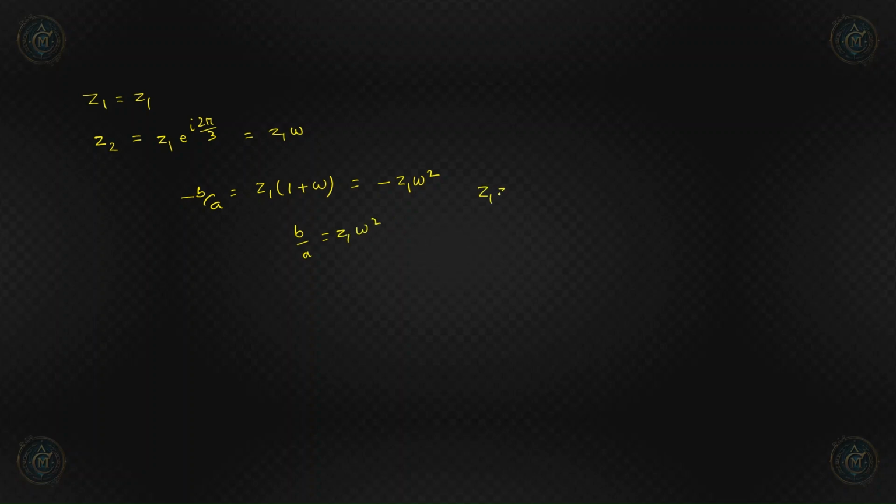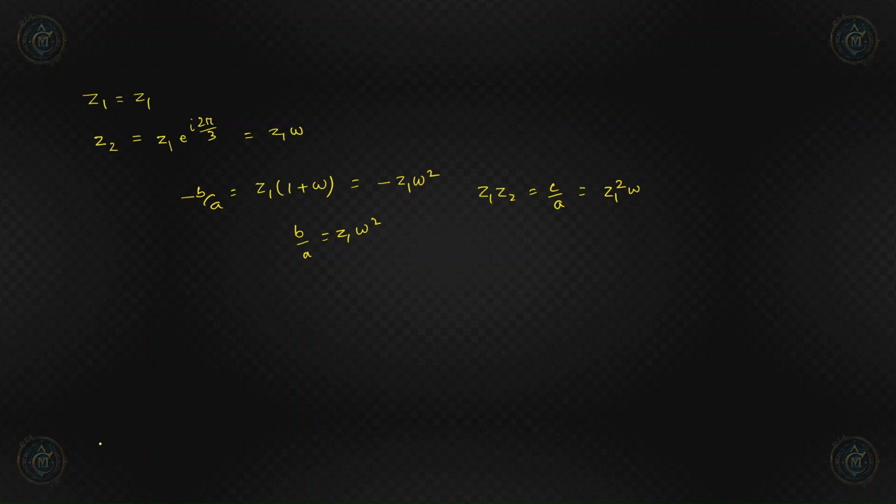And then we have Z1 Z2 equal to C by A, right? This will be Z1 times Z2. So Z1 times Z1, so Z1 square times omega, right? So Z1 Z2 will be this, and B by A is Z1 omega square, and C by A we have Z1 square omega. Now we have to somehow eliminate this Z1.